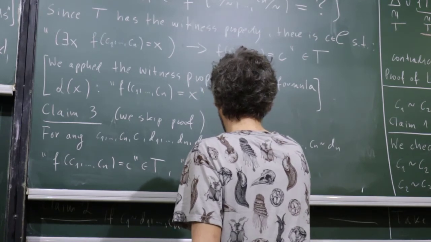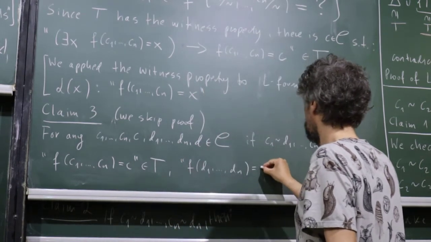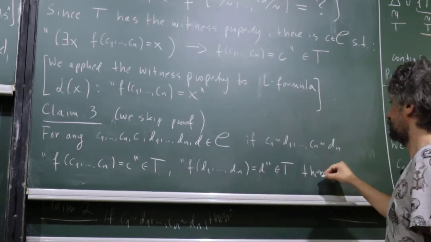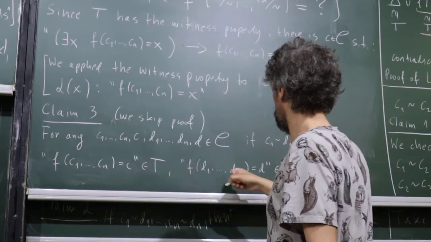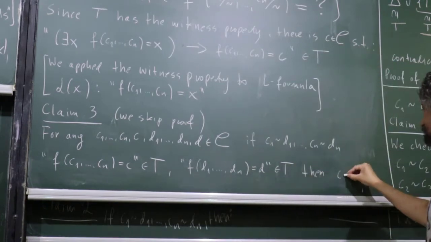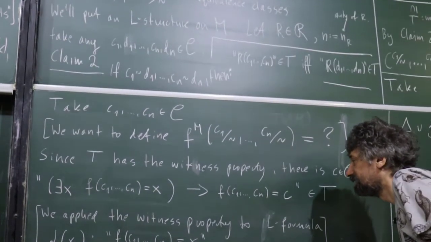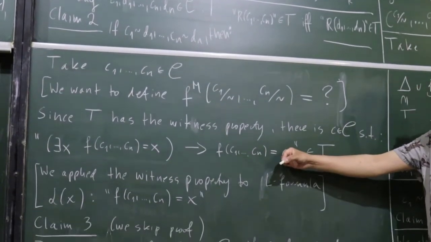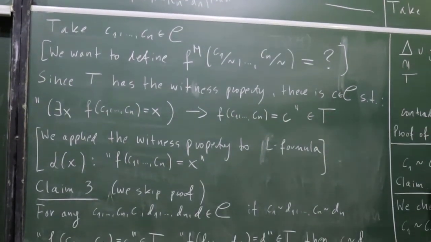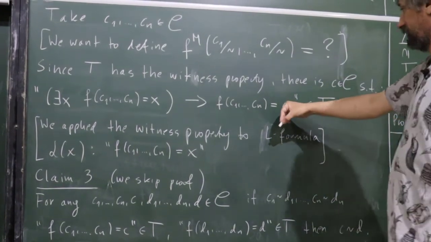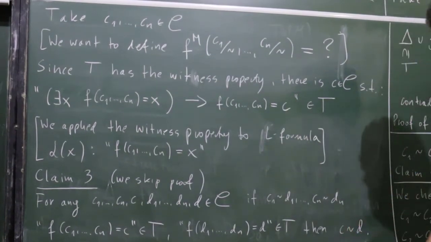Fd1...dn, D is in T, then this value is in the relation with this value. So now, from this witness property, this possible value exists, and by claim 3, it is unique up to this equivalence relation.